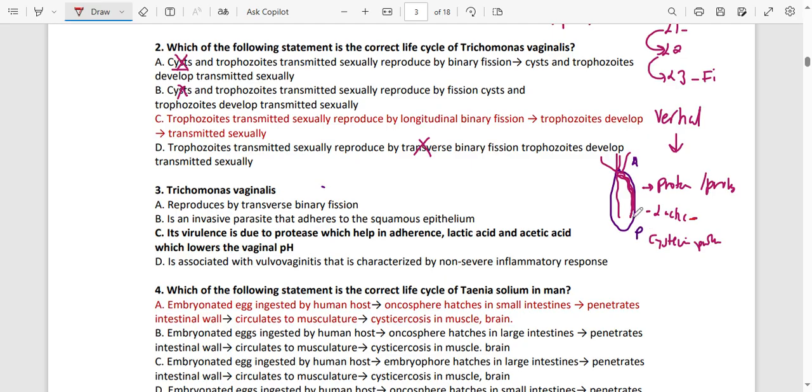Maybe I didn't take much time to discover the actual science, but the best environment for it is alkaline. Actually, it's going to raise the pH a bit toward alkaline when it enters. But this virulence factor, specifically the lactic acid or acetate, its function is to lower the vaginal pH. It lowers pH. So I was also trying to look for that reason because they don't seem to add up. Yes. Hope that's okay.